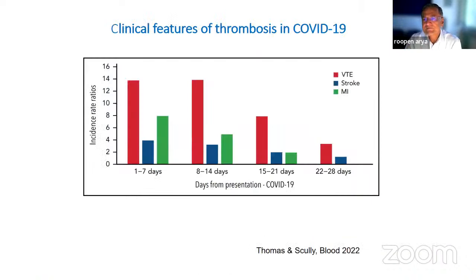So again, these clinical manifestations of thrombosis were very much front-loaded, particularly for stroke and myocardial infarction, to the first fortnight or so, but I think with venous thromboembolism stretched out to 4 weeks and beyond.